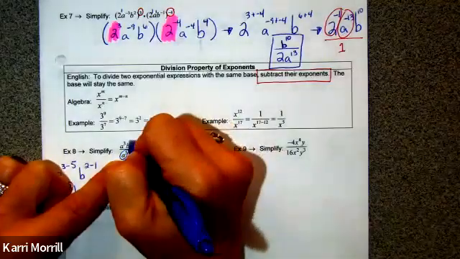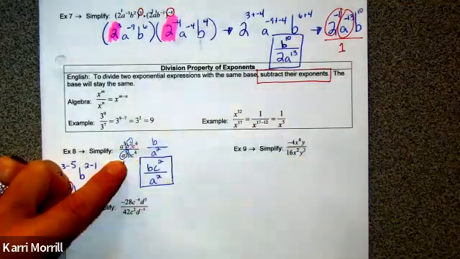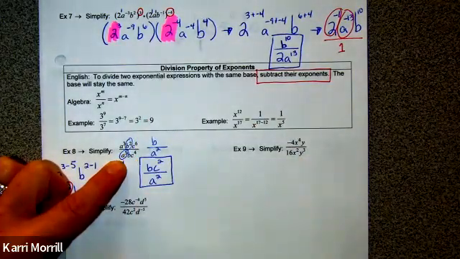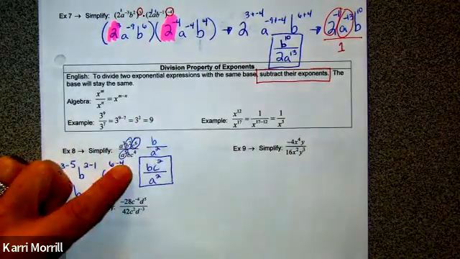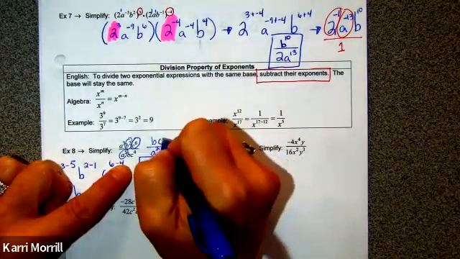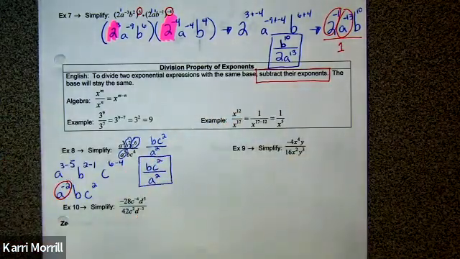In the top, so I could just say 2 minus 1 is B to the understood 1 up top. And C, the bigger exponent is on top. So 6 minus 4 is 2. So isn't that the exact same thing? That's actually how I do it. I did take you through what is the technical concept of subtracting exponents. And you can do it either way, it doesn't really matter.